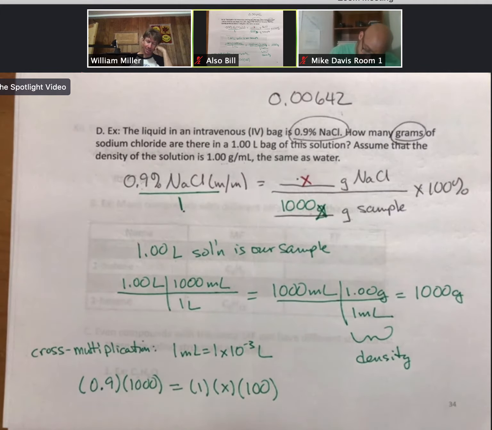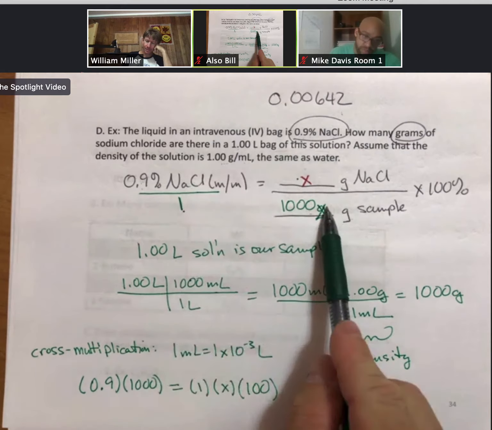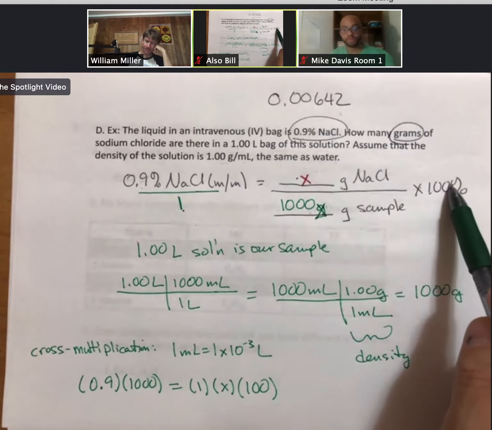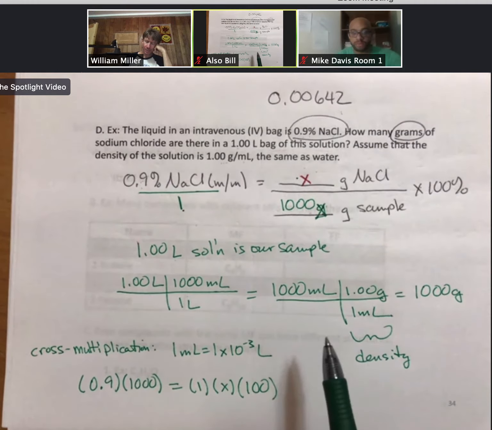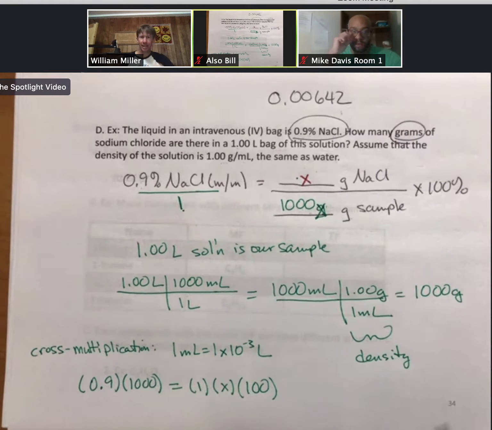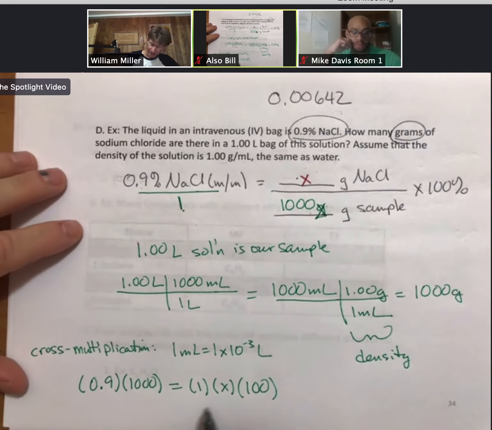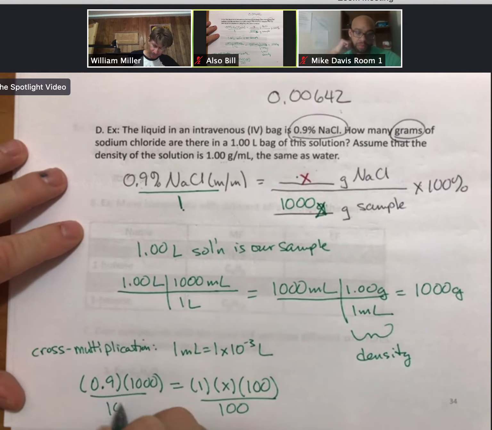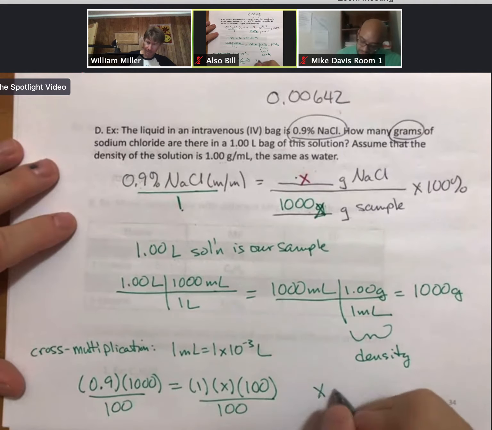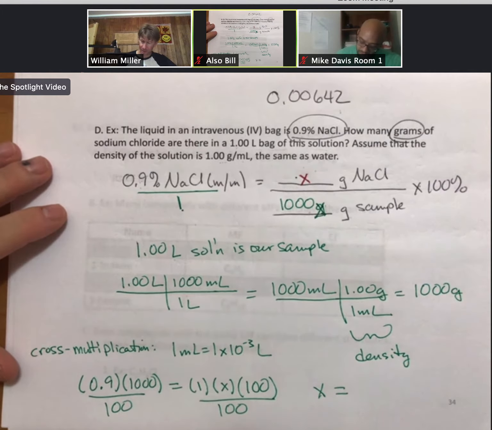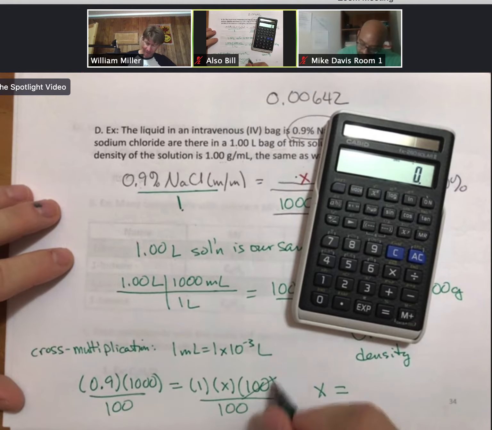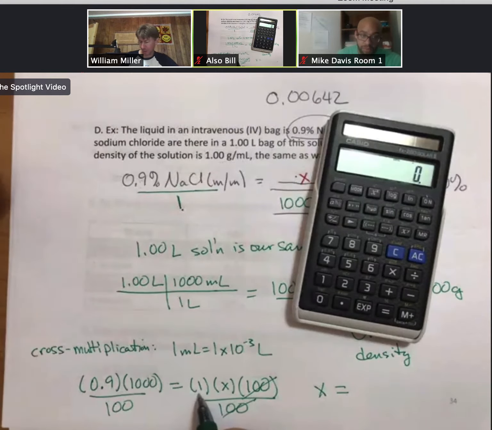Is 0.9 times 1,000 equals 1 times x times 100. Once you've got this statement, you can go ahead and solve it. To get x by itself, divide through both sides by 100. And x equals, let's see, the hundreds cancel. 1 is just 1.